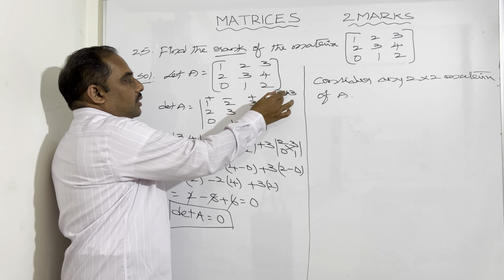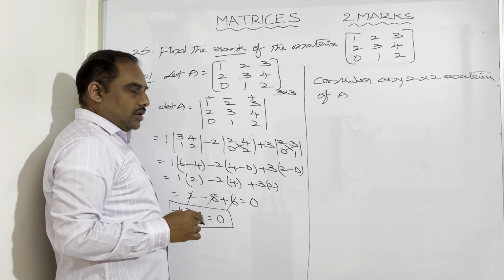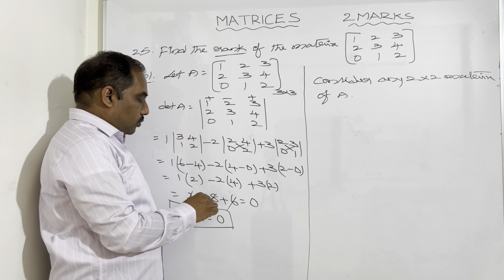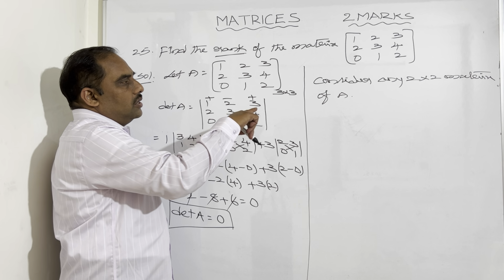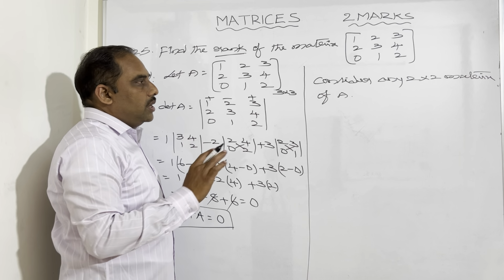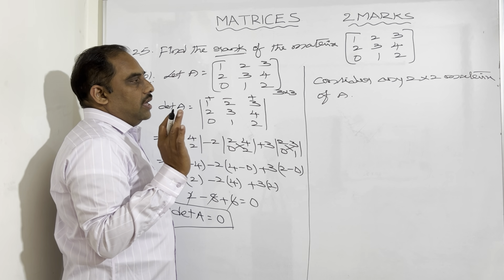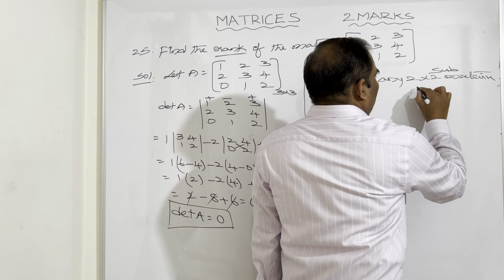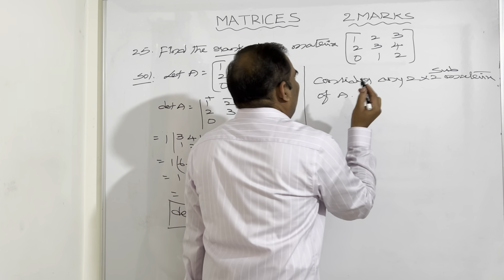Why? Because the order of this matrix is 3, so that's why you can write the rank of that matrix is 3. But here we get determinant 0, then you have to consider any 2 by 2 submatrix of A.